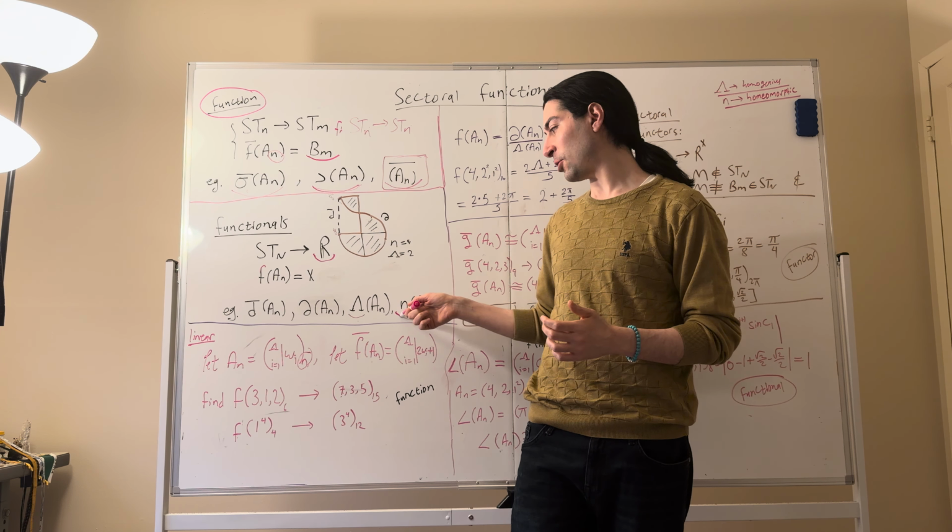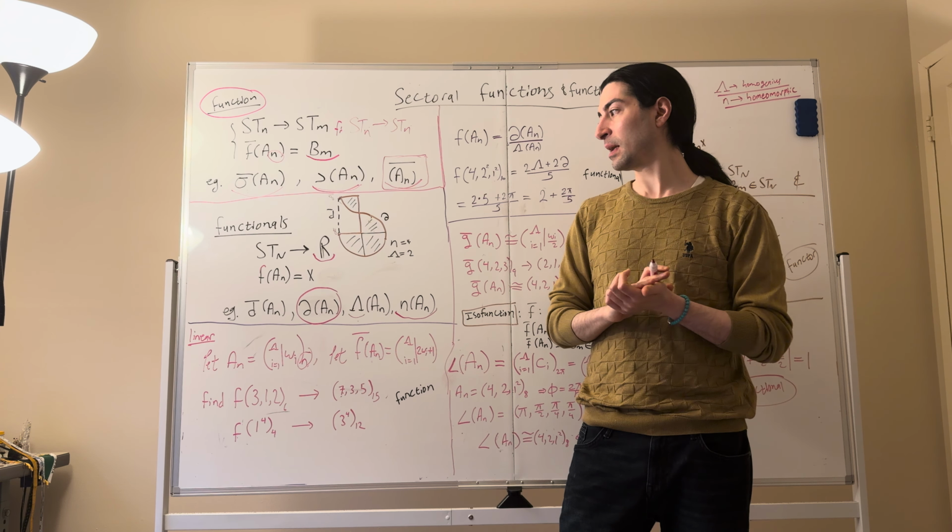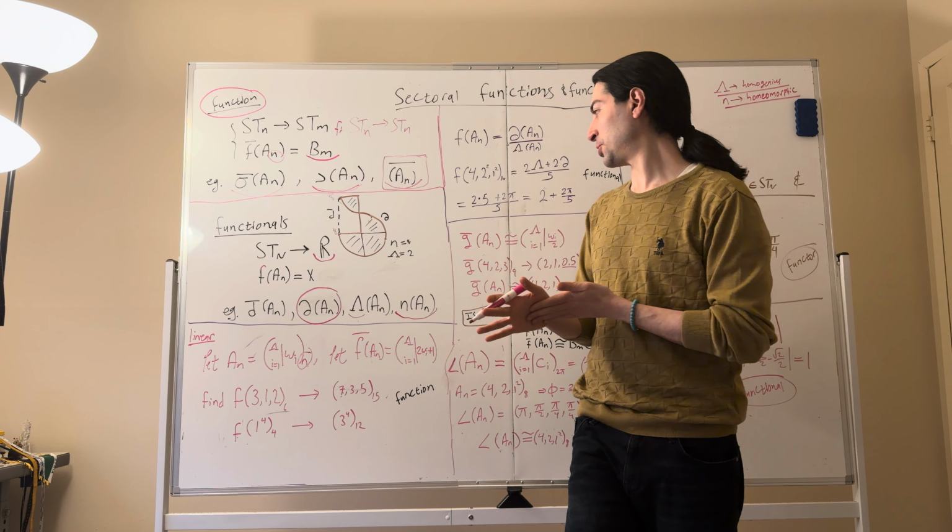A more interesting one would be the boundary of an. So if we want to take the length of the boundary, which equals to 2 pi plus 2 lambda, as we've seen before. So in this case, the boundary of an would be 2 pi plus 4. So it gives us a real number, not a sectoral structure.